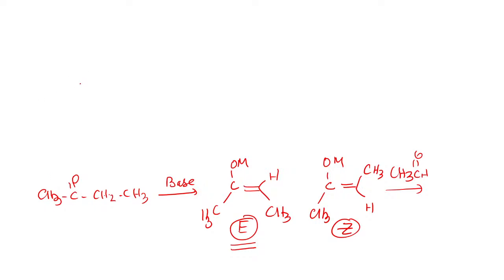For example, if you have the E enolate, this chair conformation, six-membered chair.